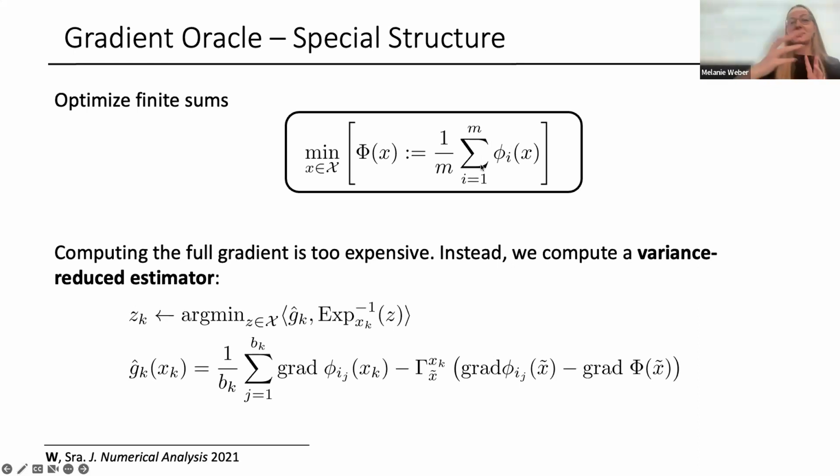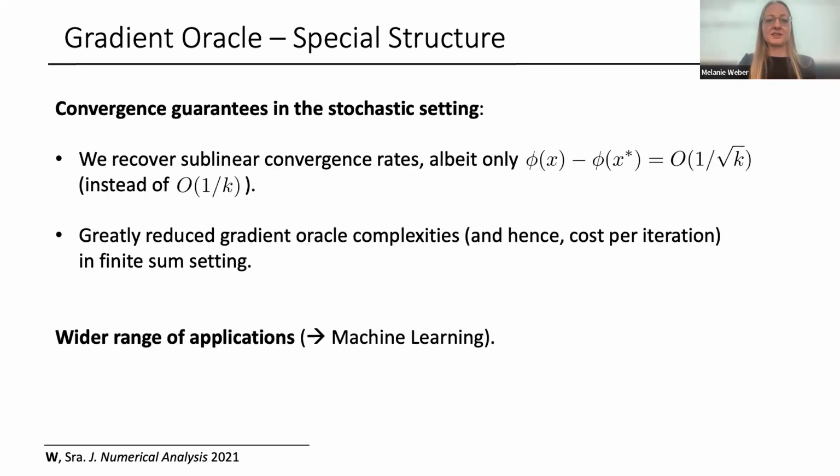So we just sample a subset of those M terms and then average over those. And then only every couple of iterations we compute the full gradient and use that as a reference point. And one can show that that allows us to get a sufficiently good approximation of the Riemannian gradient to still make the algorithm converge at a reasonable rate.